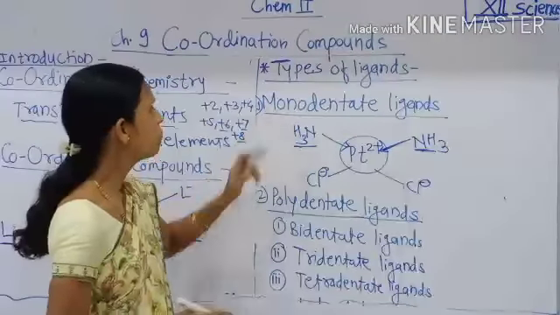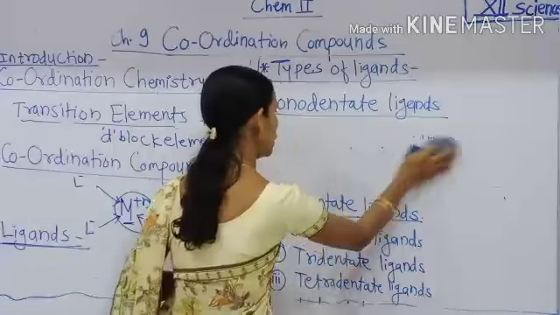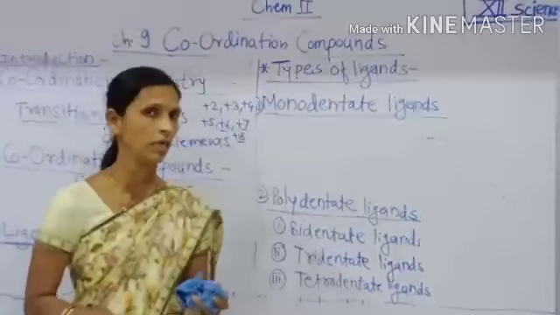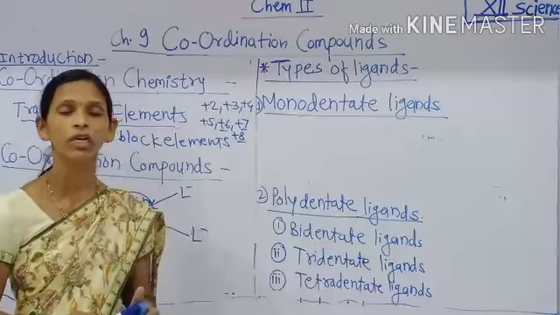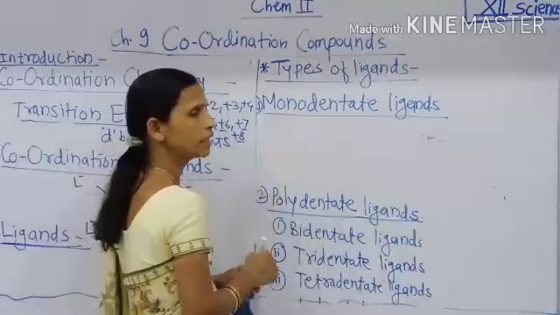That is first monodentate ligand, then polydentate ligand, and third one is ambidentate ligand. First of all, we will study in detail the monodentate ligand. What is a monodentate ligand?